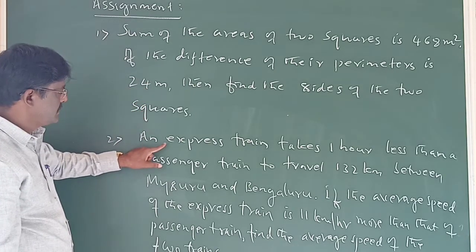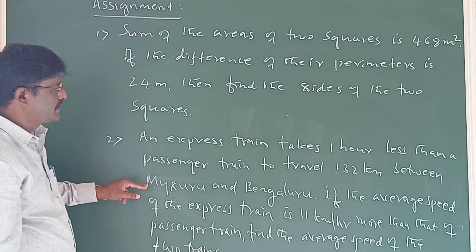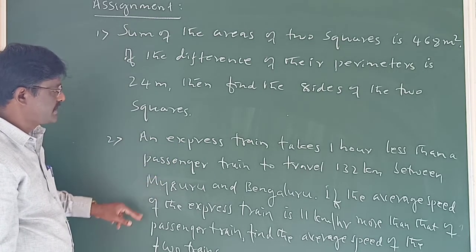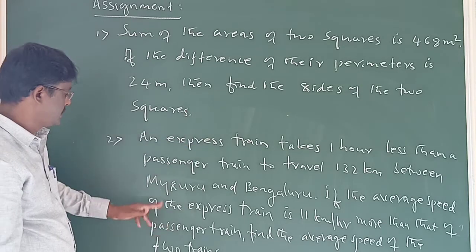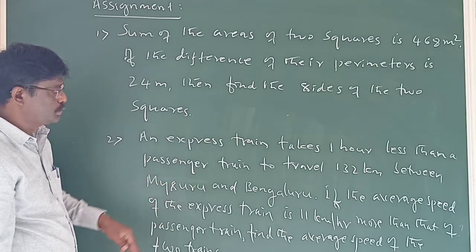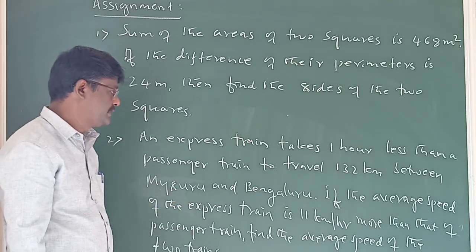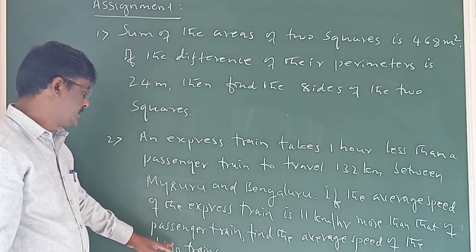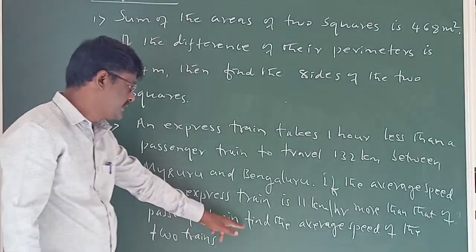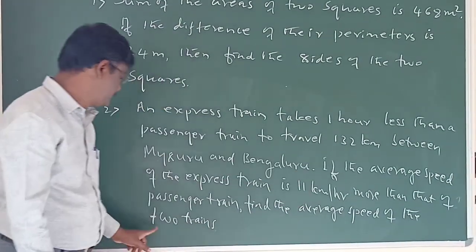Second one, an express train takes 1 hour less than a passenger train to travel 132 km between Mysuru and Bengaluru. If the average speed of the express train is 11 km per hour more than that of the passenger train, find the average speed of the two trains.